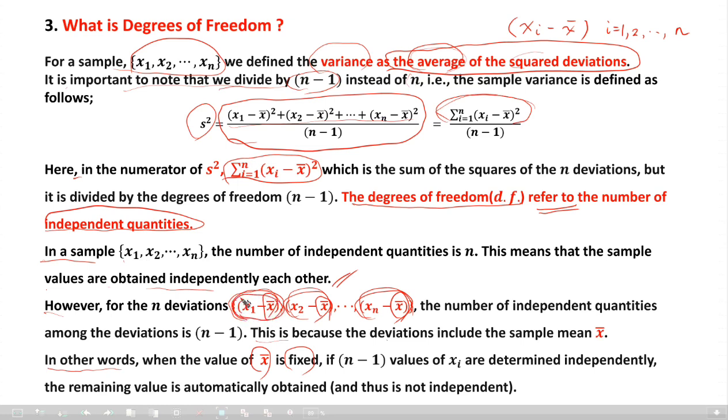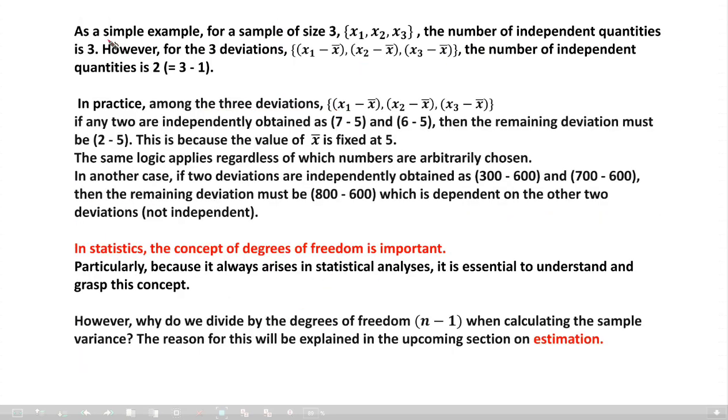Let's see a simple example. For a sample of size 3, x1, x2, x3, the number of independent quantities is 3, right? However, for the 3 deviations, x1 minus x bar, x2 minus x bar, x3 minus x bar, the number of independent quantities is 3 minus 1, which is 2.